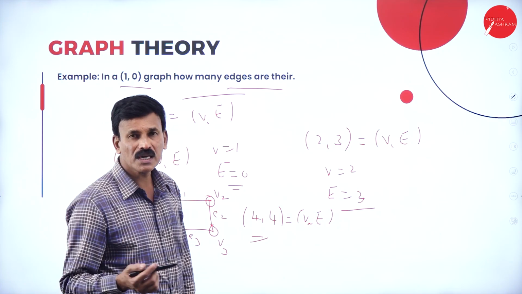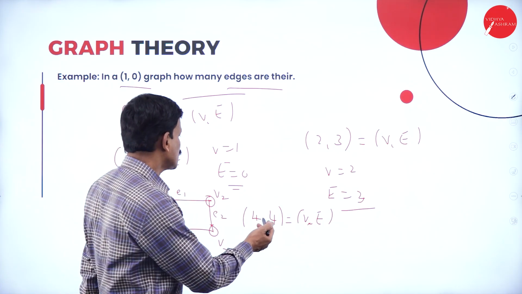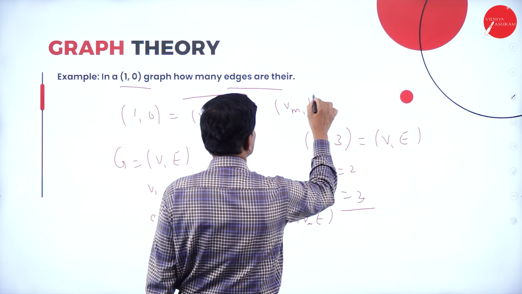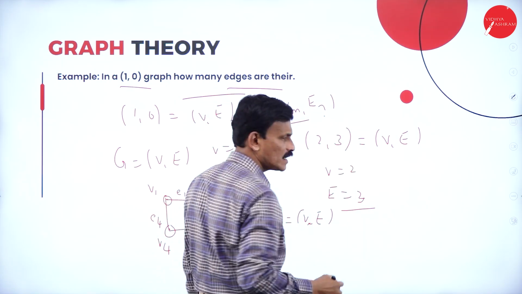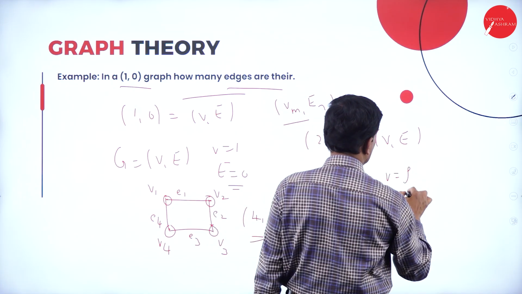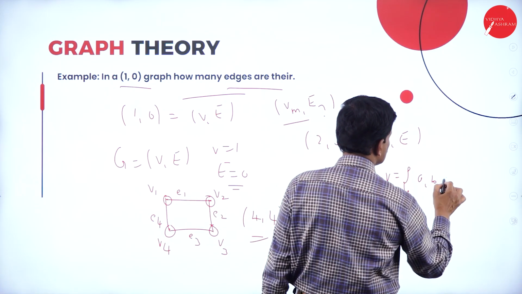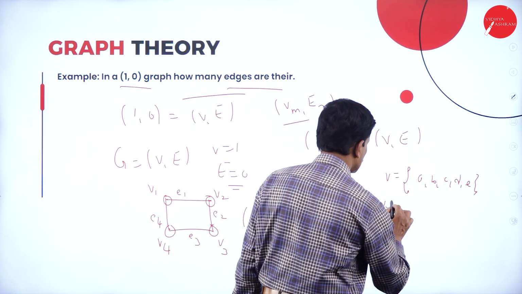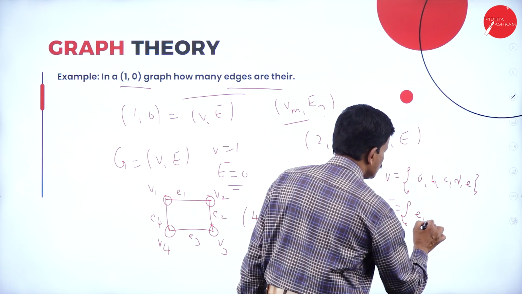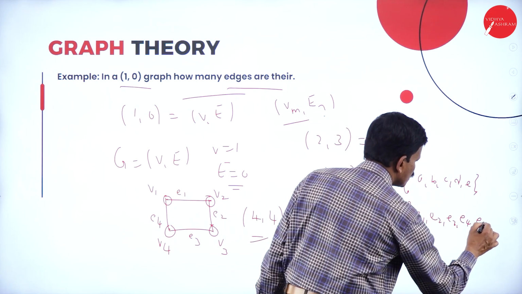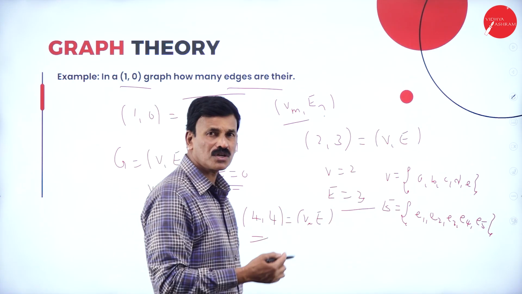Suppose a graph contains m number of vertices and n number of edges, it is denoted as Vm comma En. Let us consider another example. Suppose a set V contains the vertices A, B, C, D, E, and the edges are represented like this: E is equal to E1, E2, E3, E4, E5. Let us draw the graph for this.